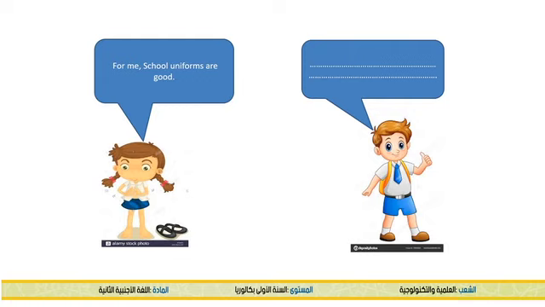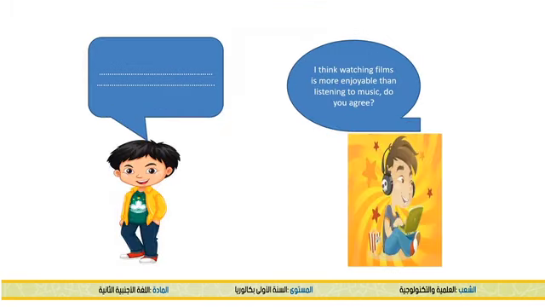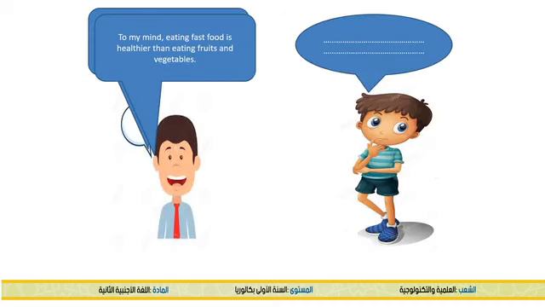Okay, so let's go back to the situation again. We have the first one, they are talking about shopping in malls. The second one, they are discussing, expressing their opinion about watching films and listening to music, which one is good. And the next one, they are expressing their opinion about eating fast food.